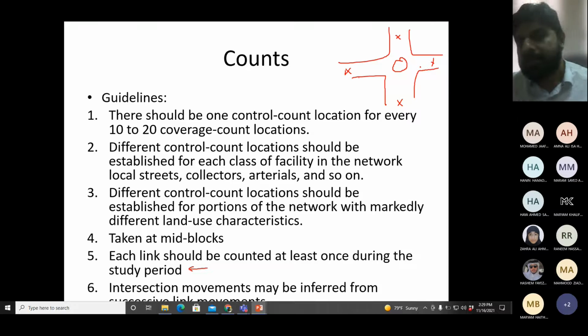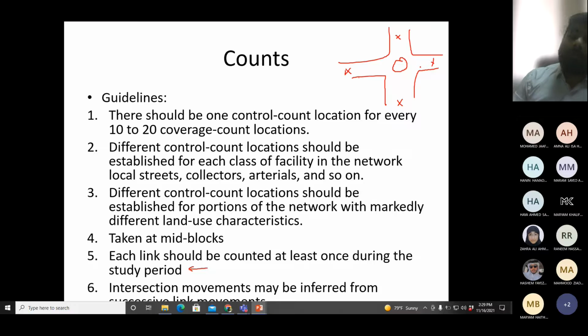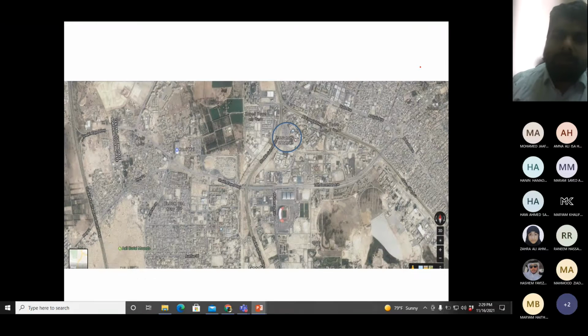Okay, so if the client asks for the value of the vehicles on the intersection, I can use the values which I have collected on the segments and I can merge them together on the intersection. Okay, but intersection count is not taken because it will make field work more complicated, more complex. So we will calculate it if required.